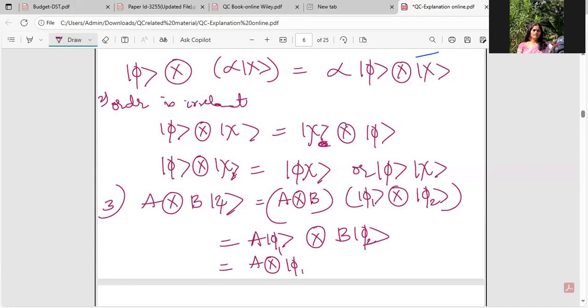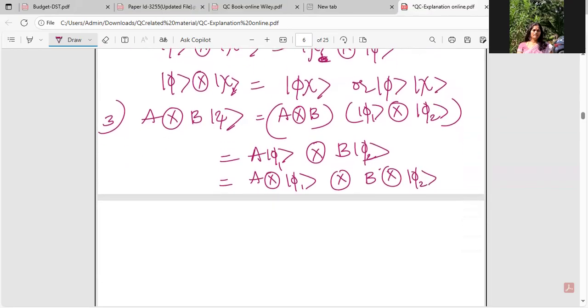The operator A operates on the first ket. Operator B operates on the second ket with tensor product. And finally, the tensor product of both resultants would be taken. Okay. We'll just see one example. Prior to this, we have seen tensor product of vectors and matrices. We'll see one example with tensor product of operators.